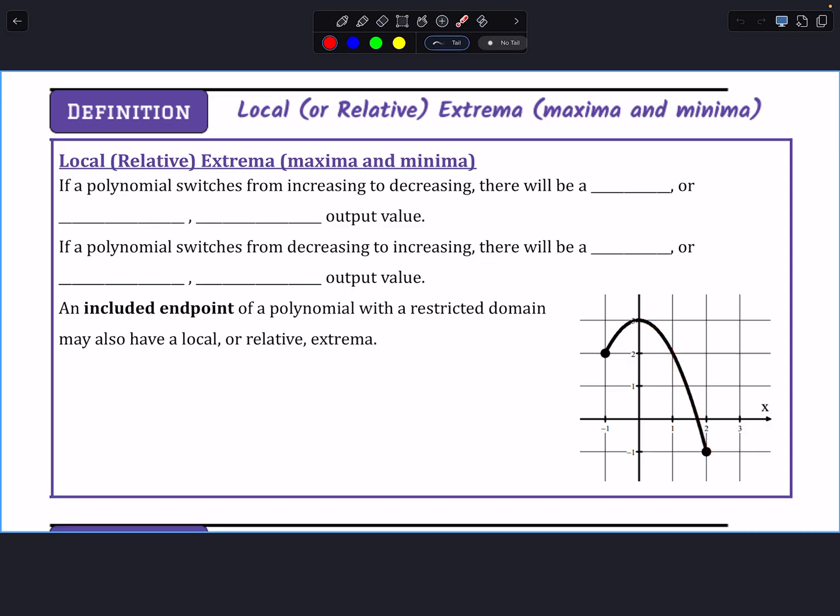So if it switches from increasing to decreasing, we say that it's called a local, or sometimes you will see the word relative, maximum. So increasing to decreasing is called a local or relative maximum.